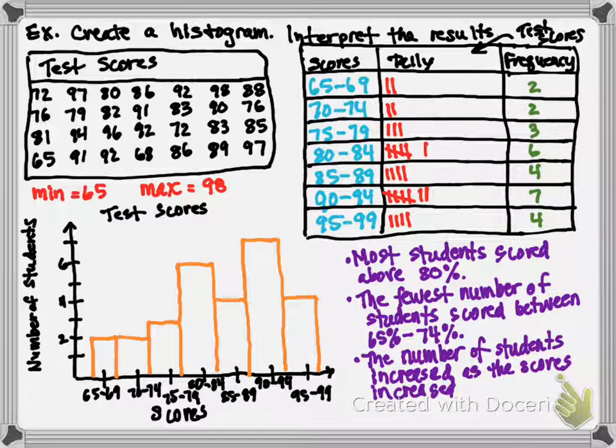Now, we can talk about some things we don't see. No one scored 100%. We can say no one scored below 60%, or below 65%.